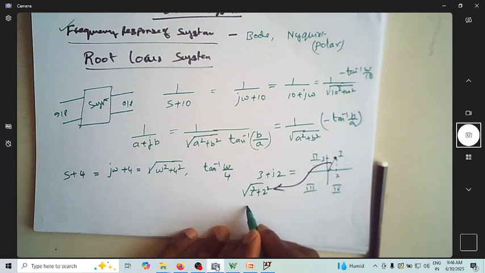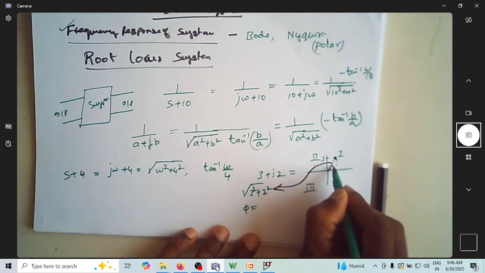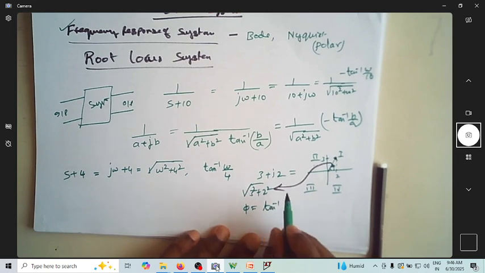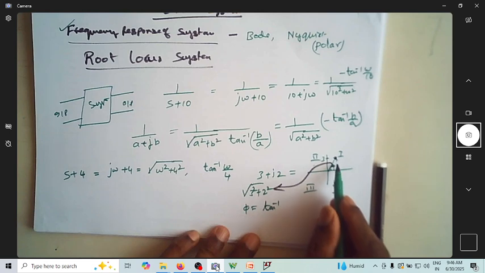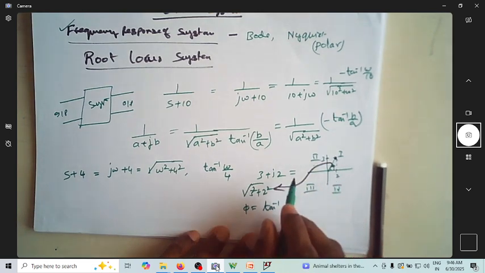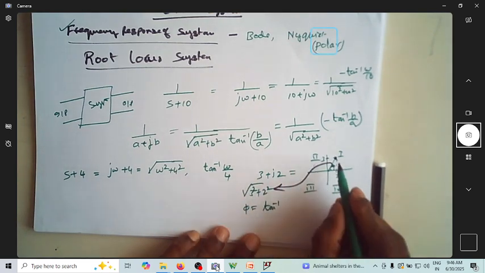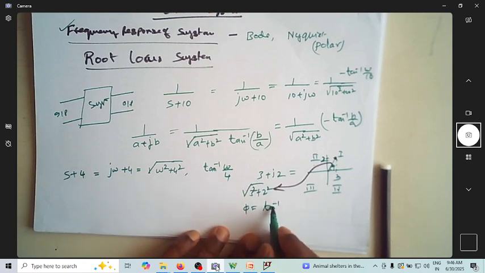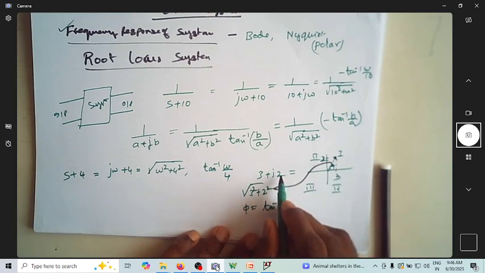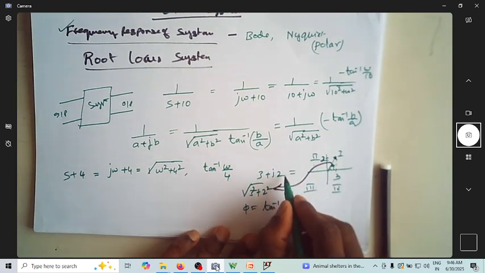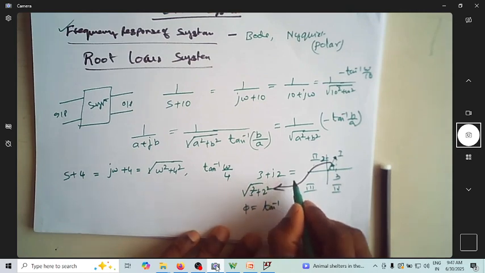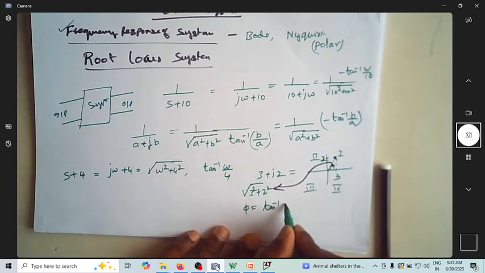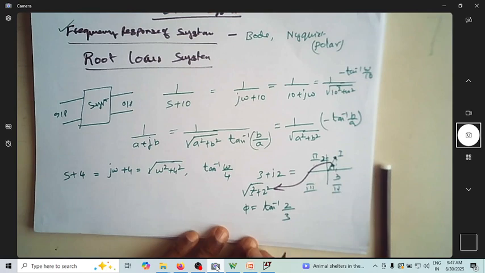And what is the phase angle? The phase angle is this angle theta, which is tan inverse of b by a. b is the quotient of the imaginary part, which is the opposite side, so it is 2 by 3.